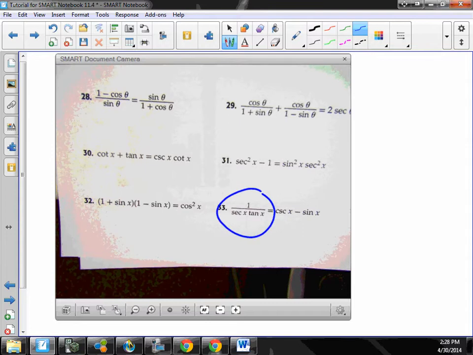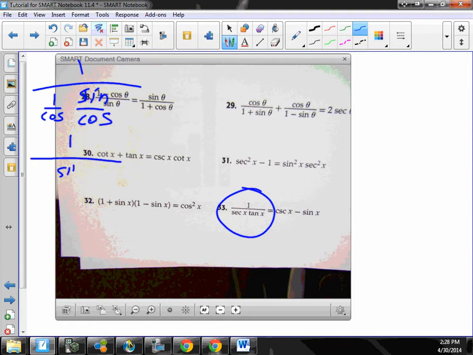So I'm going to convert this. 1 divided by 1 over the cosine times sine over cosine. That gives me 1 over sine over cosine squared. Flip and times, right? So I flip this upside down, cosine squared over sine.